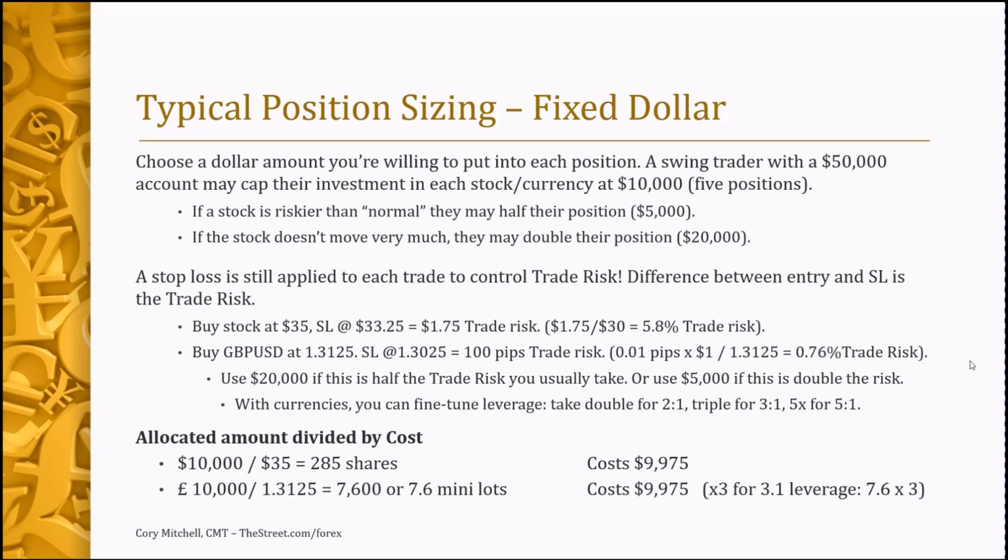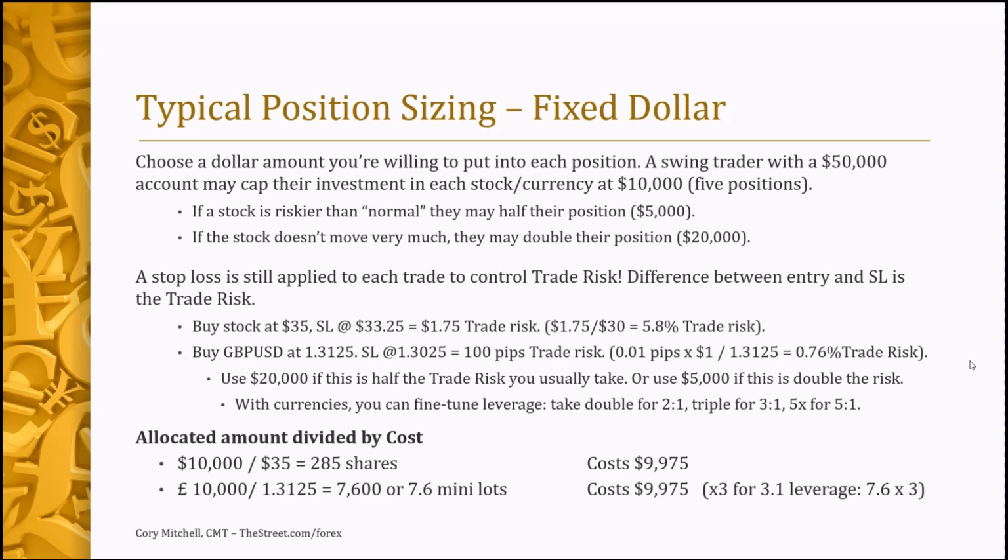So typically, assuming the trades have about the same risk, you're going to put $10,000 into each one. Now, if a stock's a little riskier than some of the others, maybe only put $5,000 into it. If you're trading something that doesn't move as much, so there's less risk in that trade, then maybe you double your position.